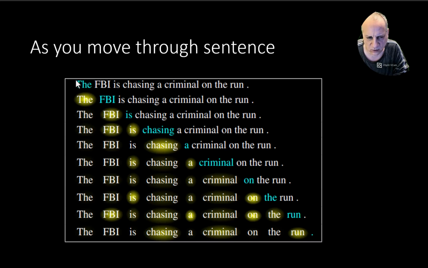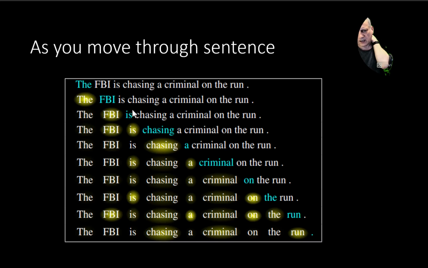So we'll look at "the," and we'll try to figure out what other words are relevant for "the." And there's only "the," so there's no attention here. But then the next time we're looking at "the FBI," and there's only one other word, so the attention will focus on "the," because there's only two words here.